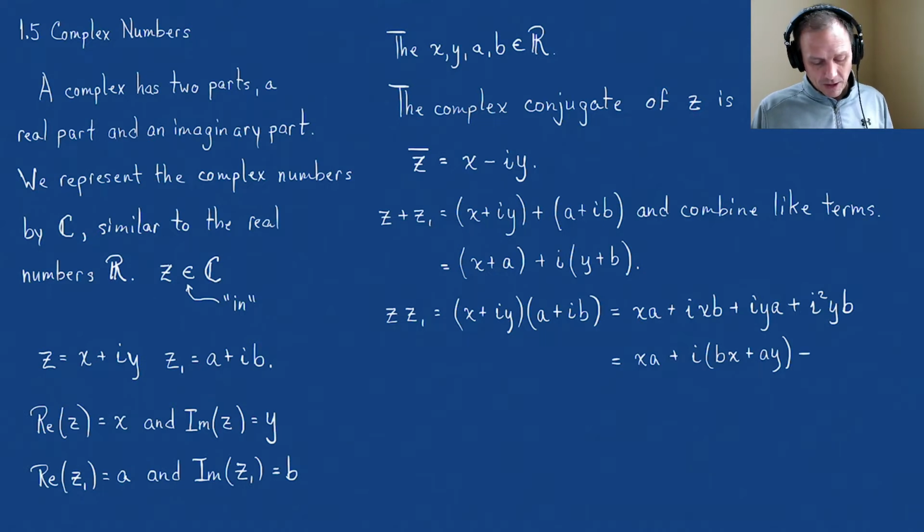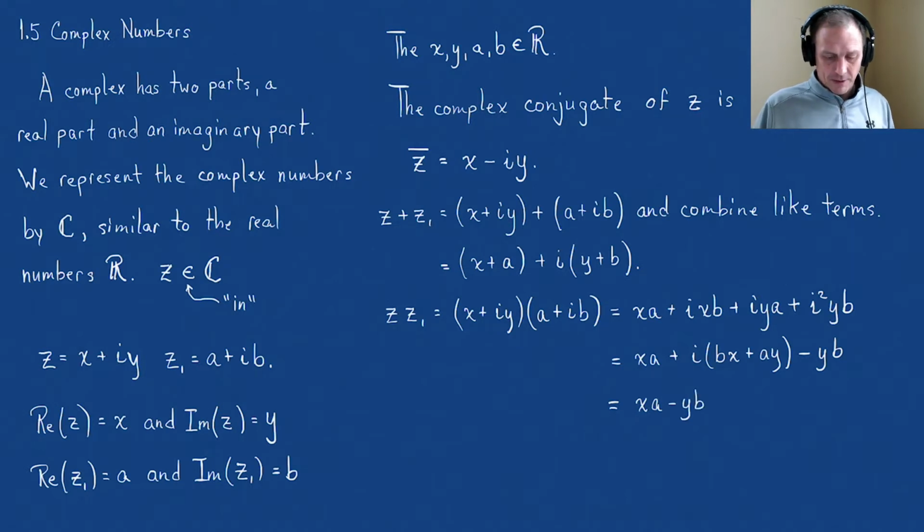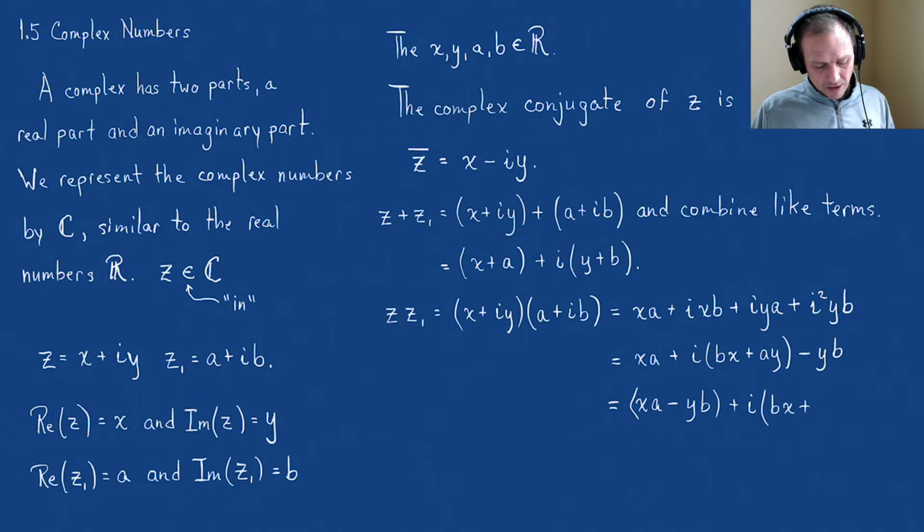So really, this becomes a real number now, yb. So my final answer is xa minus yb, or by, I guess, would probably be cleaner. That doesn't matter. Minus yb, that's my real component. There's my real part. Plus I have my imaginary component, which is the bx plus ay.